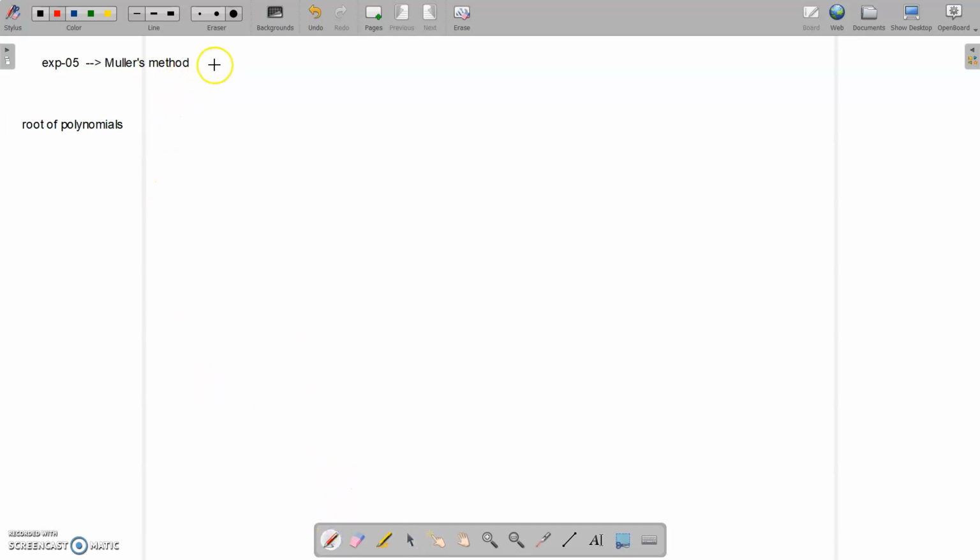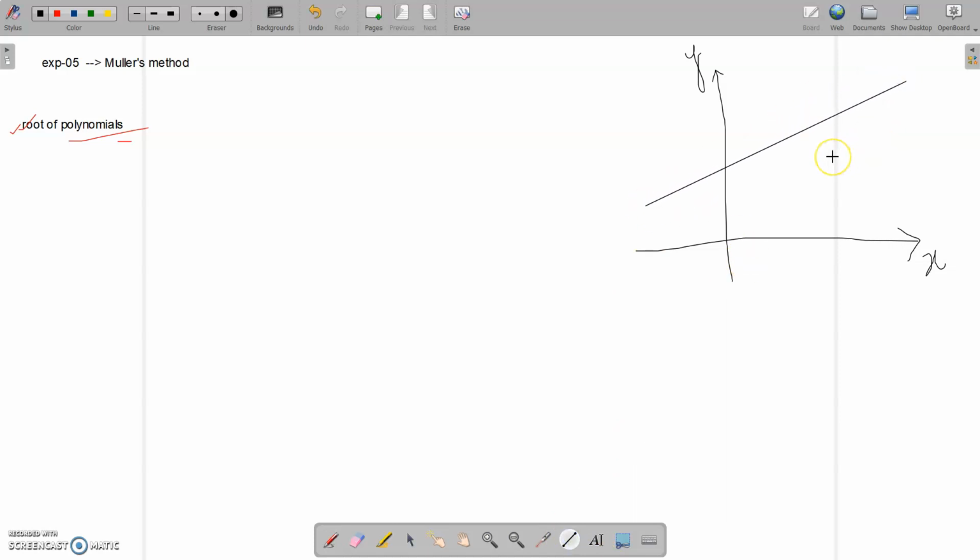Before getting to this, let's discuss a little bit about polynomials first. For example, if I put a curve like this, say this is my x and this is my y. If I draw one straight line, you know the equation of the straight line is y equals mx plus c.